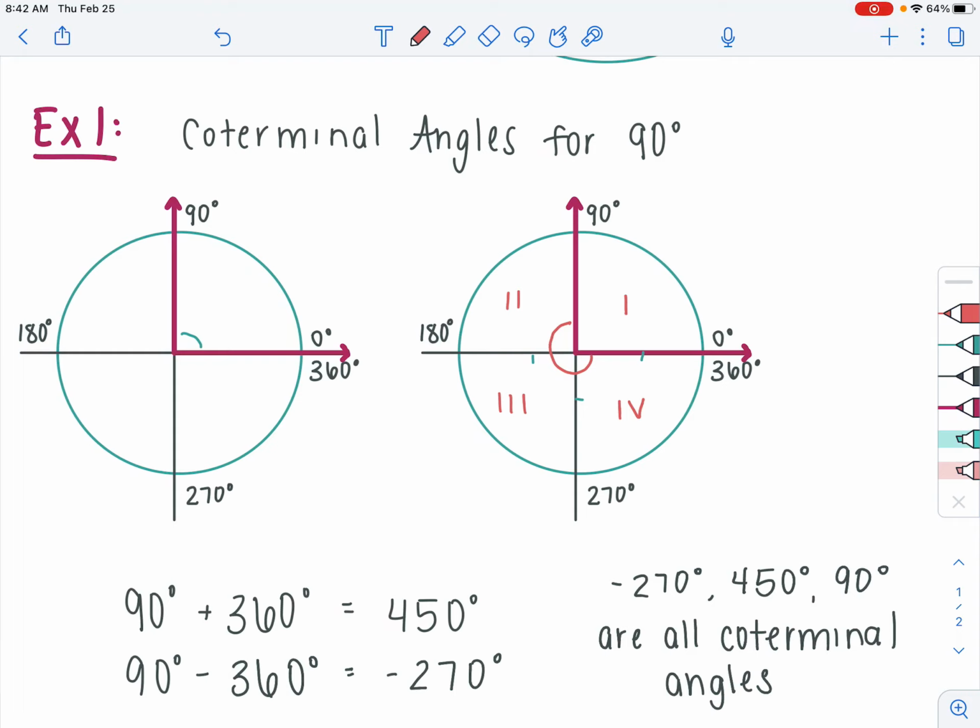You're going to tell me what the drawing is saying, what angle measure it is, and then you're going to actually just look at angle measures and add 360 degrees or subtract 360 degrees. So we can also do all of this in radians. So let's look at an example a little bit more in radians.